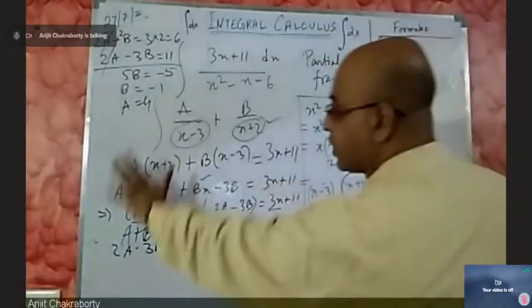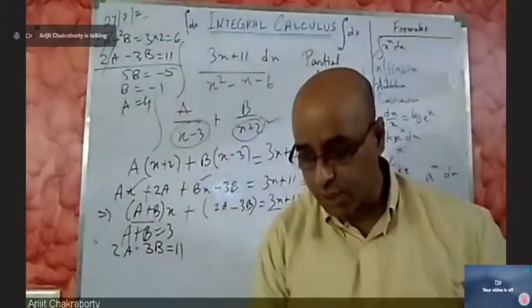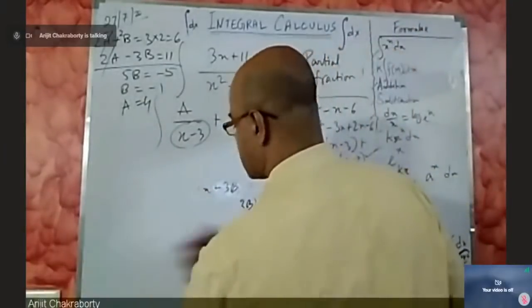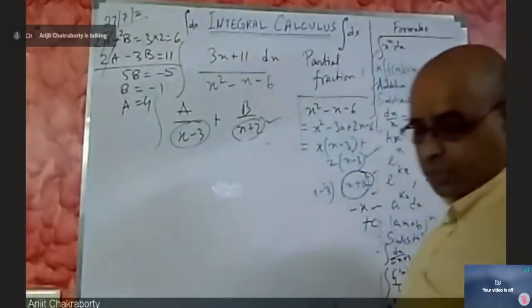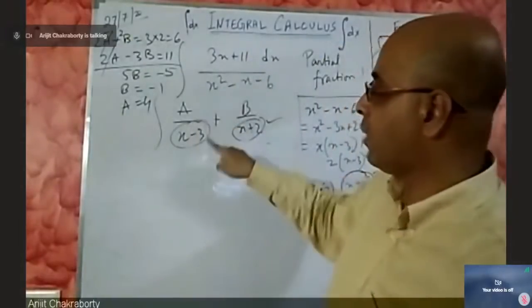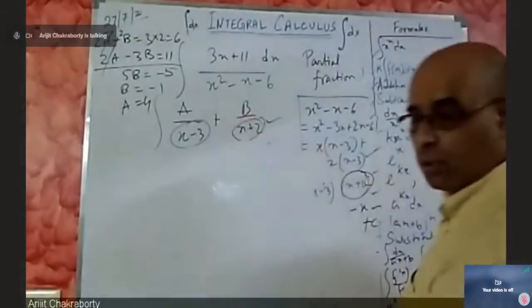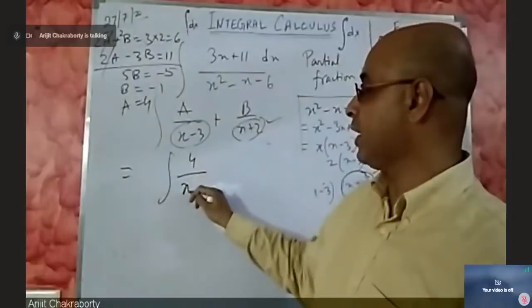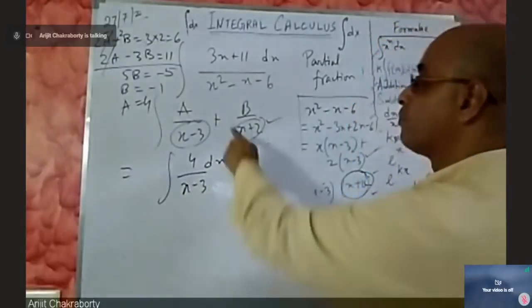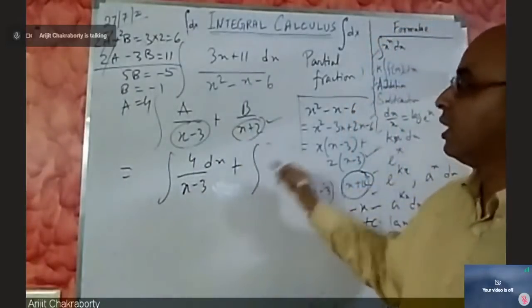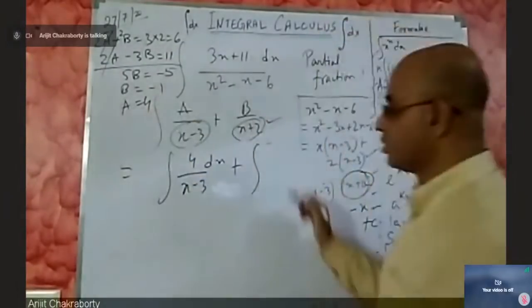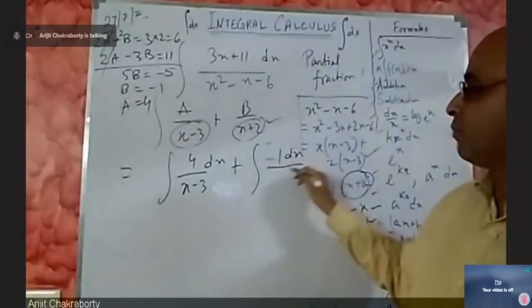So now all this using partial fractions breaks down and what you get is a very simple expression. After solving this, what you get is a by x minus 3, a is 4, so you are getting 4 dx by x minus 3 plus b by x plus 2, now b is minus 1, so minus 1 dx by x plus 2.